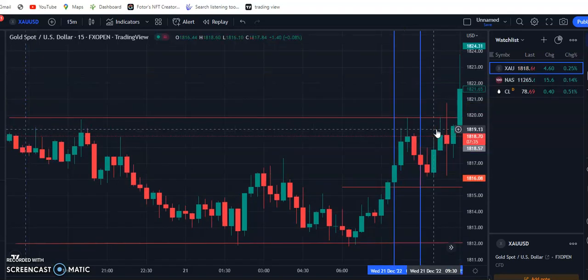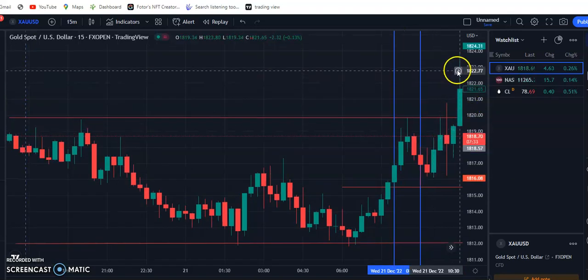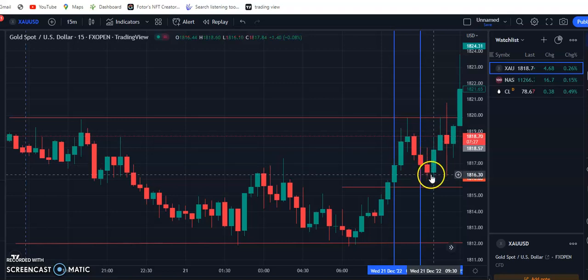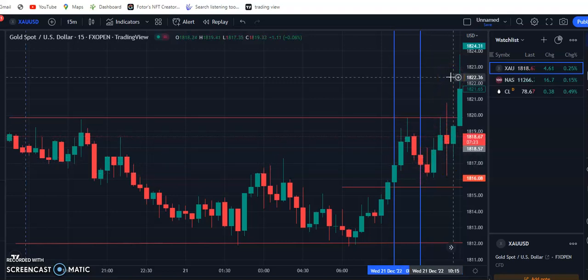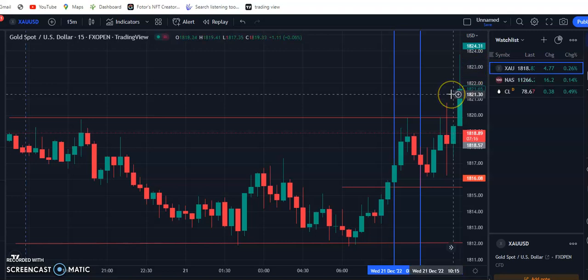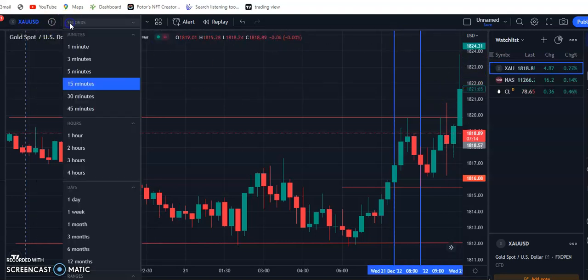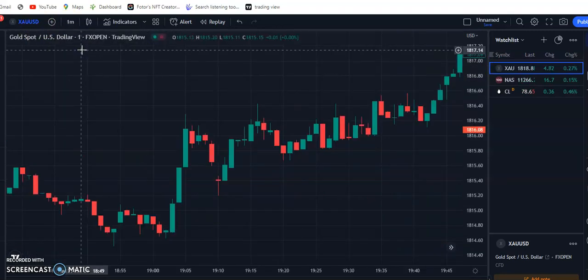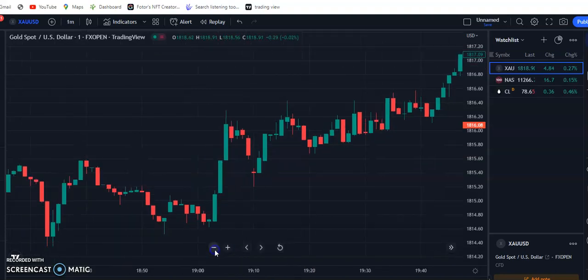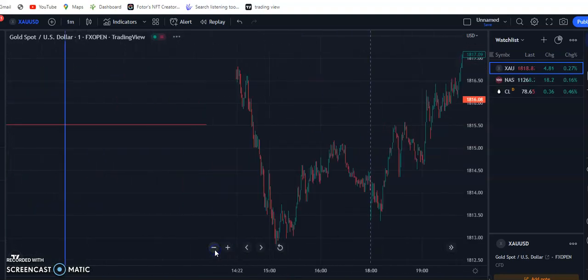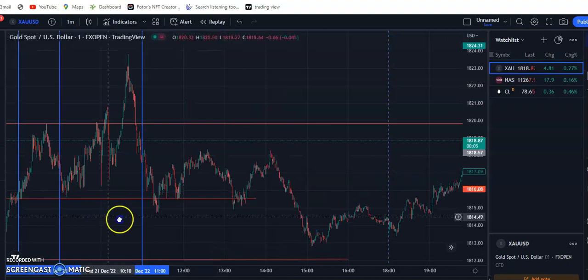And there we go, we have our third move to the high. When that is the third move, I'm looking for my entry in the third move.